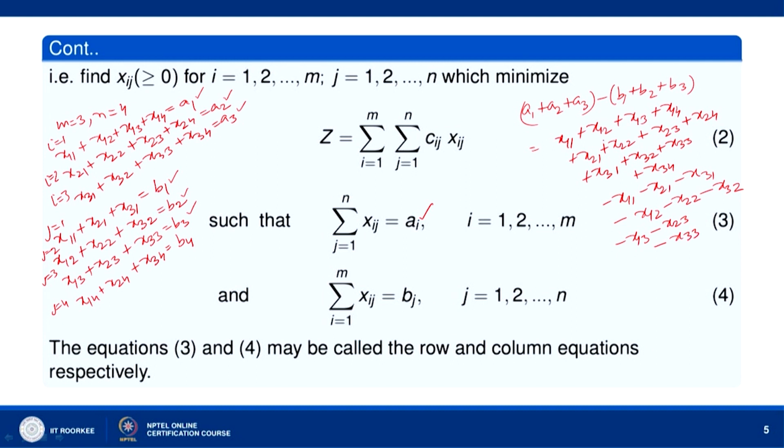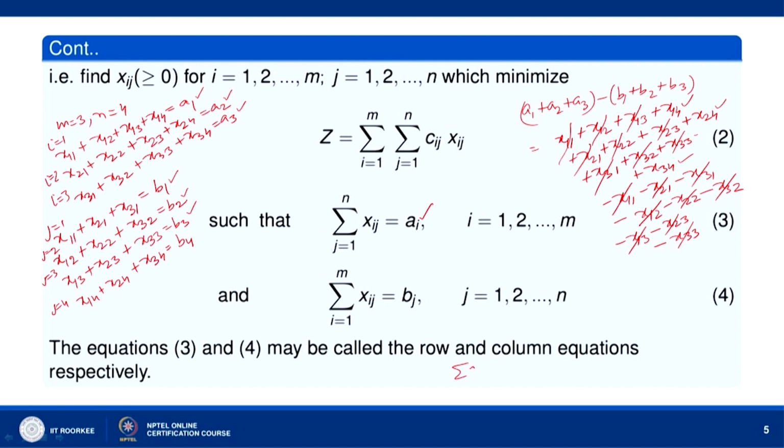So, we get a1 plus a2 plus a3 minus b1 minus b2 minus b3. x11 cancels with x11, x21 with x21, x31 with x31, x12 with x12, x22 with x22, x32 with x32, x13 with x13, x23 with x23, x33 with x33. So, we get x14 plus x24 plus x34. Now, we have been given that the transportation problem is balanced.